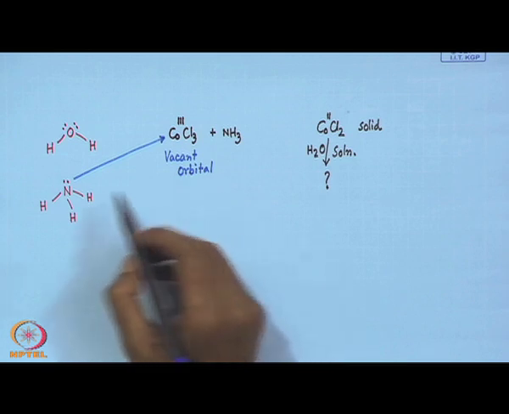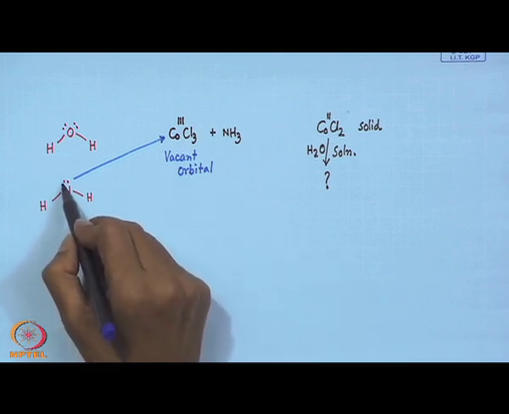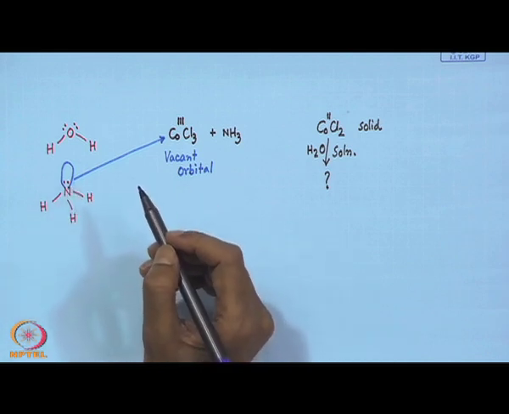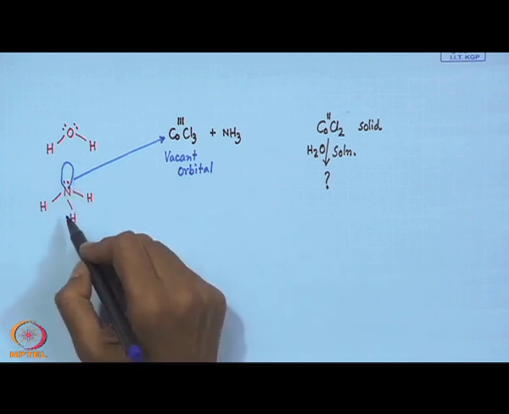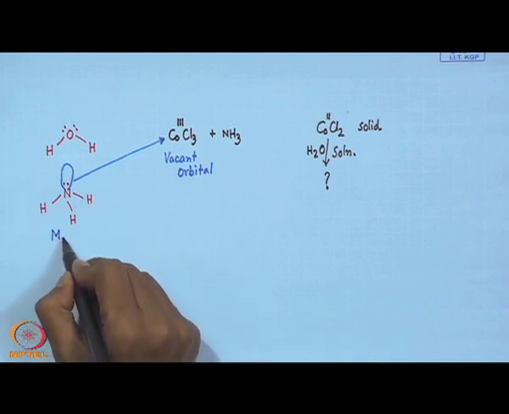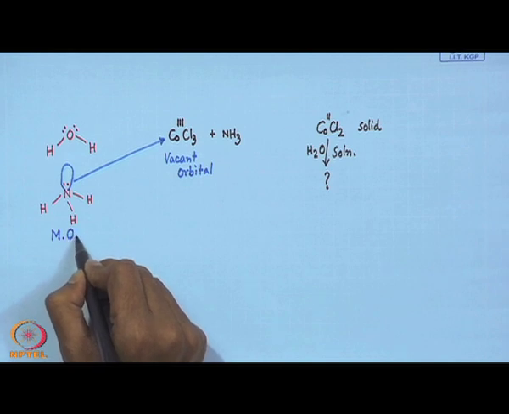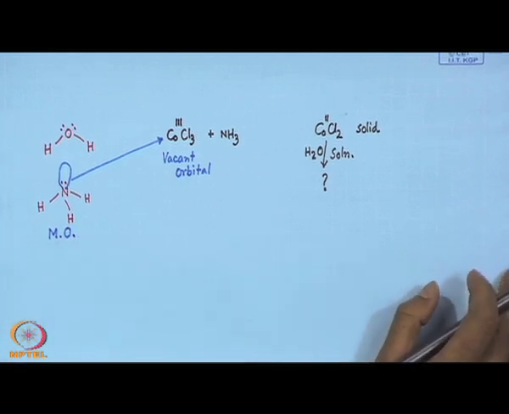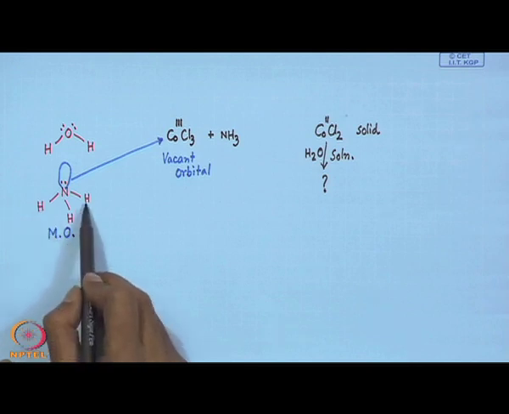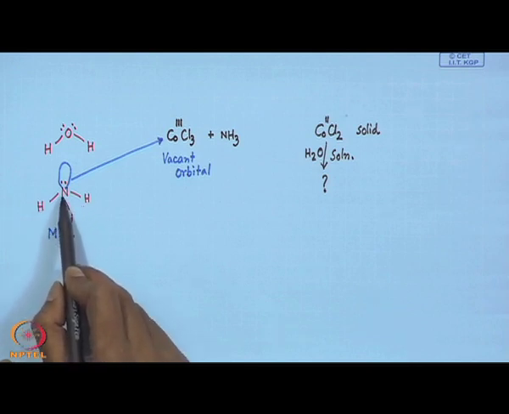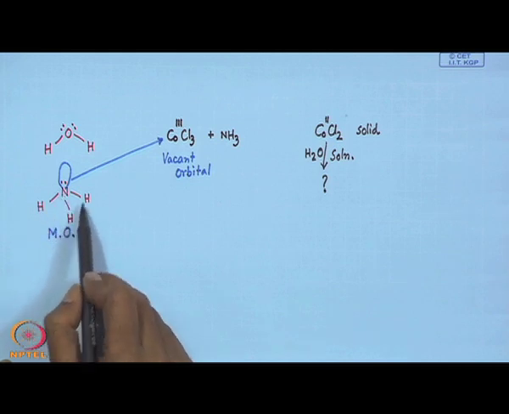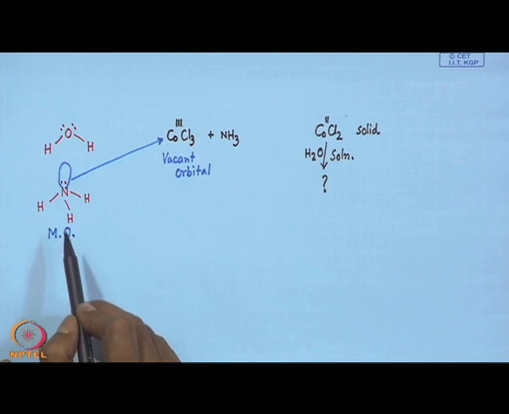what we expect is that this is also available in some orbital. The electron density is there depending upon the molecular orbital. We can use a very simple molecular orbital treatment for the formation of the ammonia molecule from the individual atoms. That means one nitrogen forms the molecule by interacting with 3 hydrogen atoms.